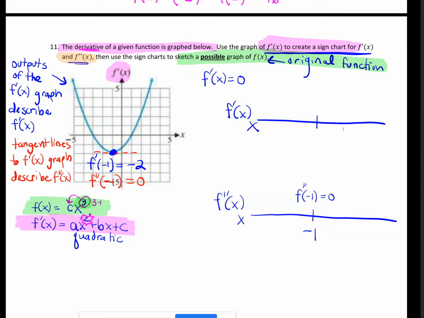So -3 is going to be a partition number on the sign chart. And same thing here. If I input a 1 into the thing being graphed, and the thing being graphed is the first derivative, the height of the graph is 0. So that's my other partition number.